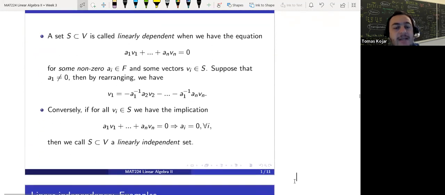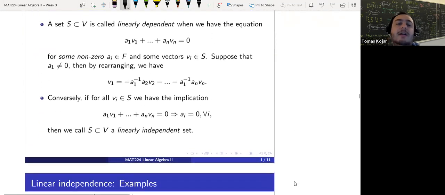And linear independence is when you cannot do that, when given this formula, you are forced to have all of the coefficients be 0. They're all forced to be 0.